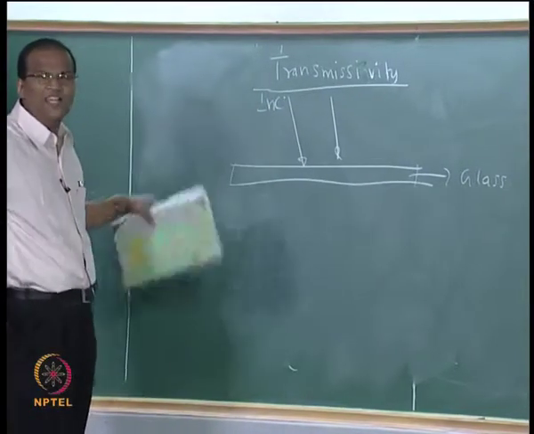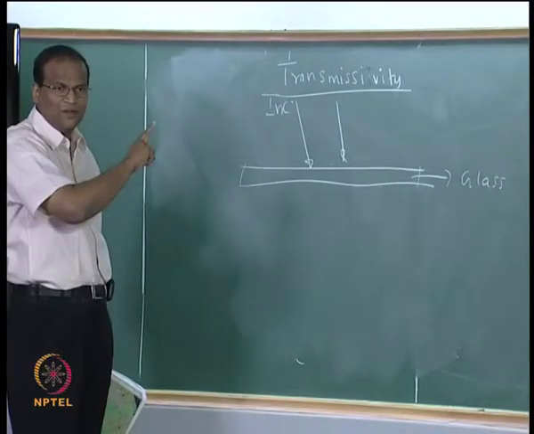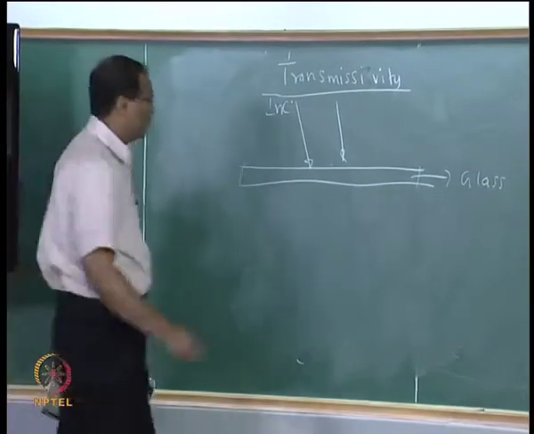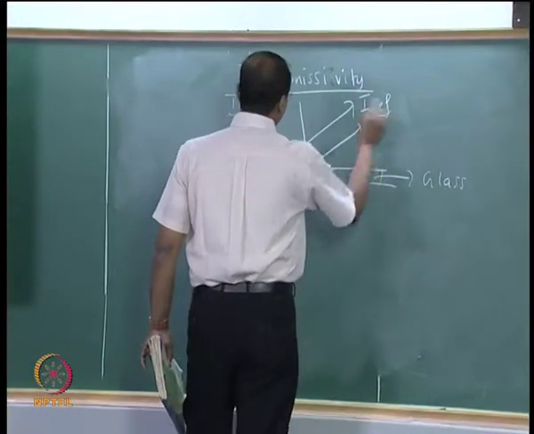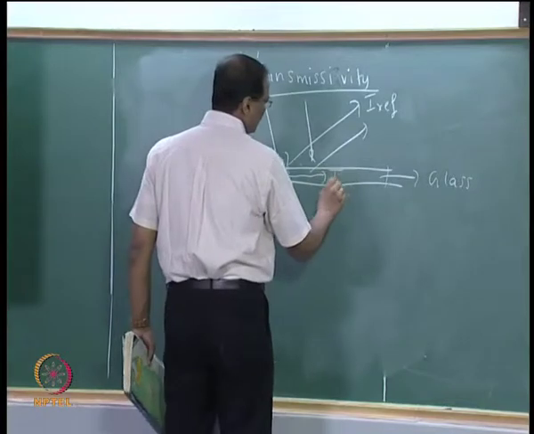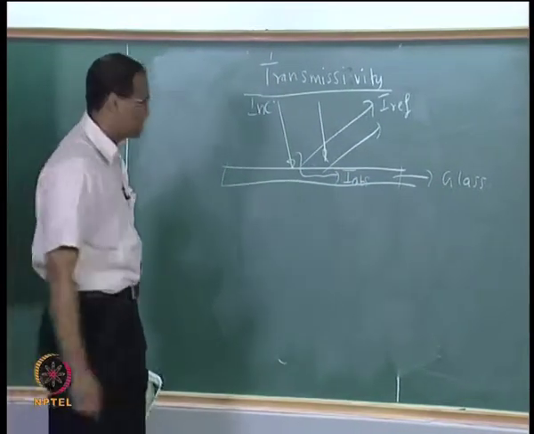What can happen to this? Do not worry about the emission. It can be reflected. Then it can be absorbed, that is, it goes inside. Now as far as glass is concerned, it is not opaque, so some will go through.